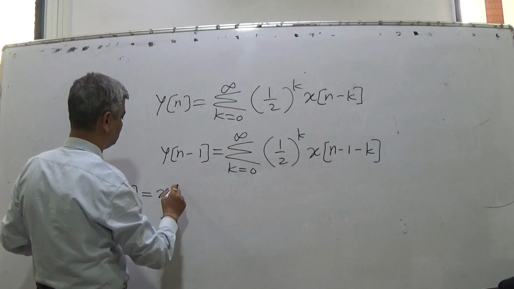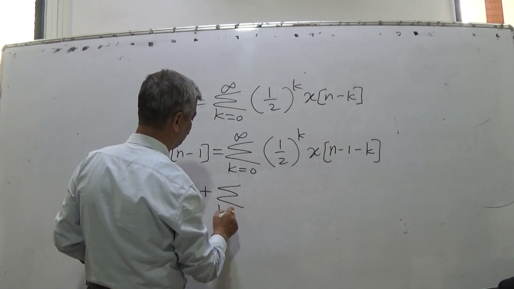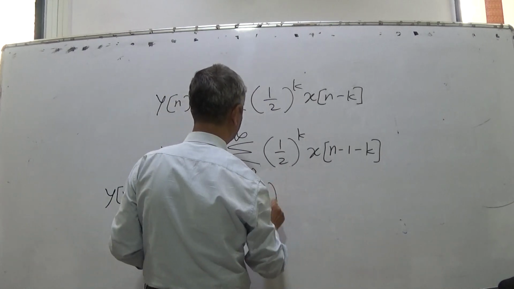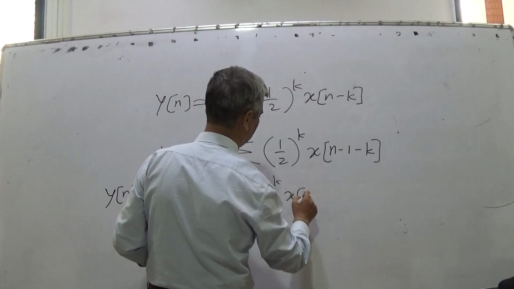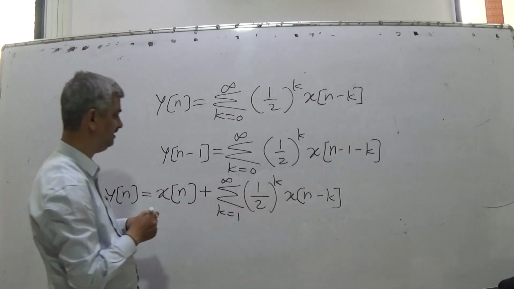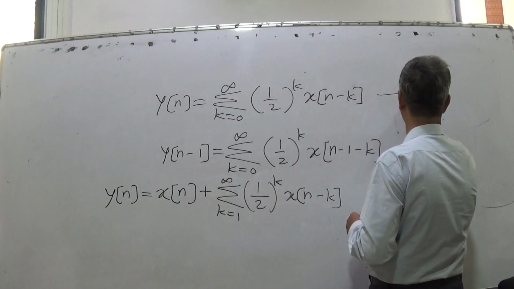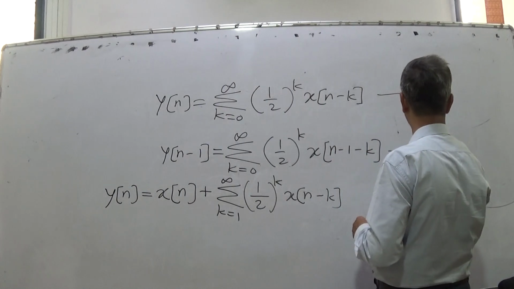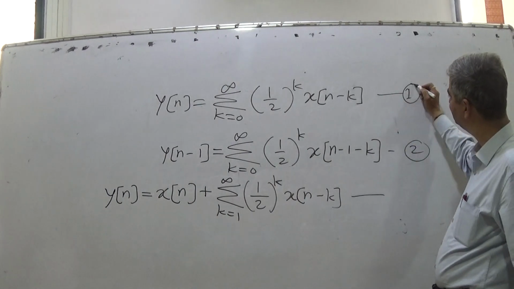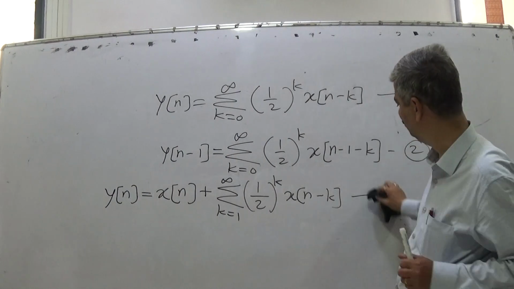So xn plus the remaining from k equal to 1 to infinity, half raised to k, x of n minus k. Is it right? This was expression 1, and this is expression 2. This is just rearranged; I rearranged expression 1 in this way.